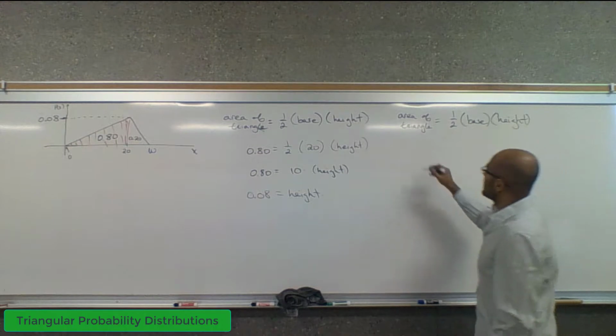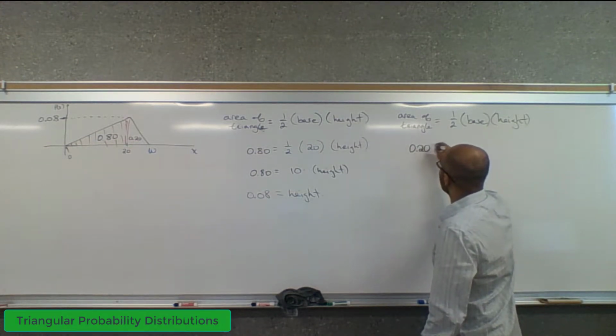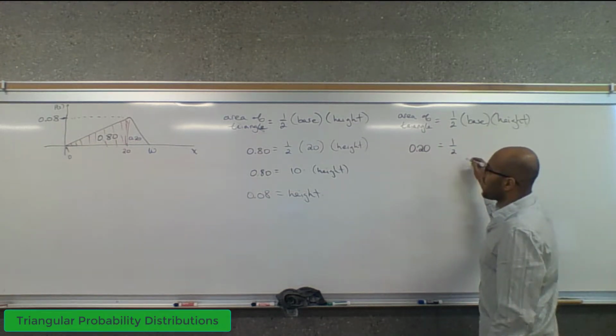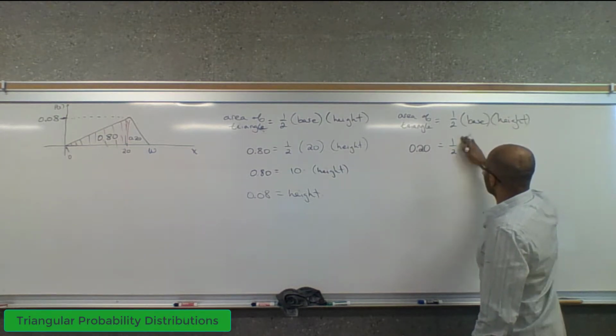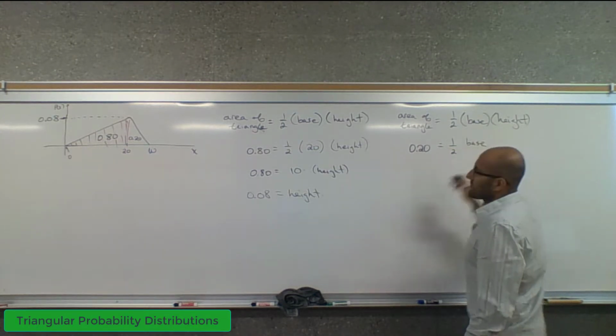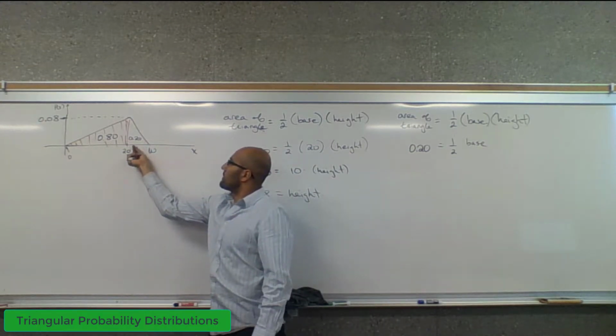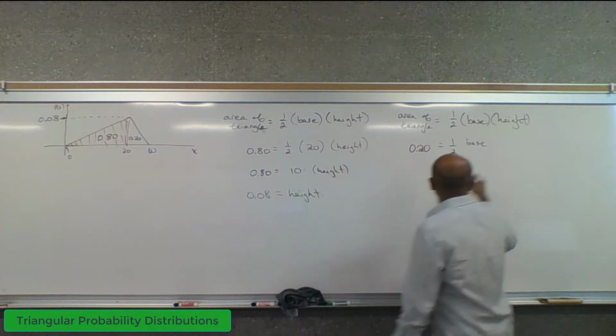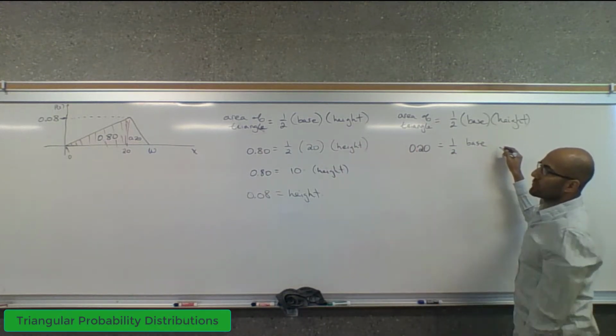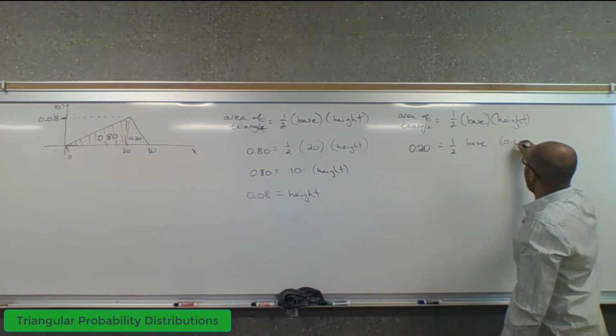So in this case, 0.20 must be equal to 1/2 times its base. Oh, well, we don't know that. Because I don't know how wide this is going to be, so that's what I'm after. I want to know what the base is going to be, times its height. Well, the height we already know. That's what we figured out to be 0.08.